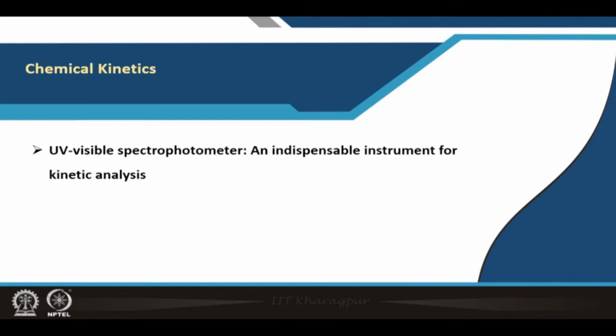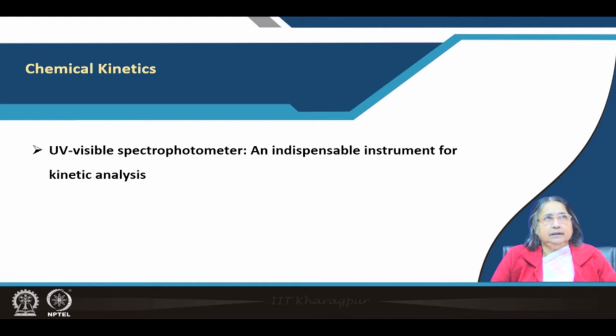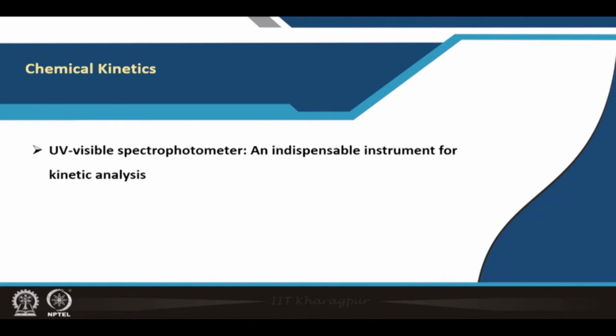In the earlier slides, I have shown you what is the order of a reaction and how to determine the rate, and what are the different methods that we can apply, like differential rate law and integrated rate law, to determine the order of the reaction. Here I will show you the practical way we can determine the order.